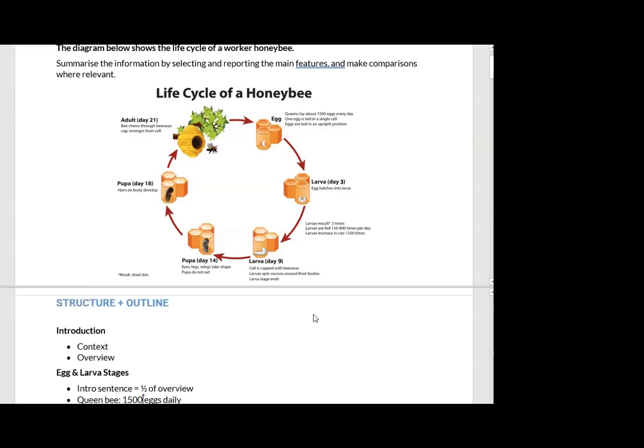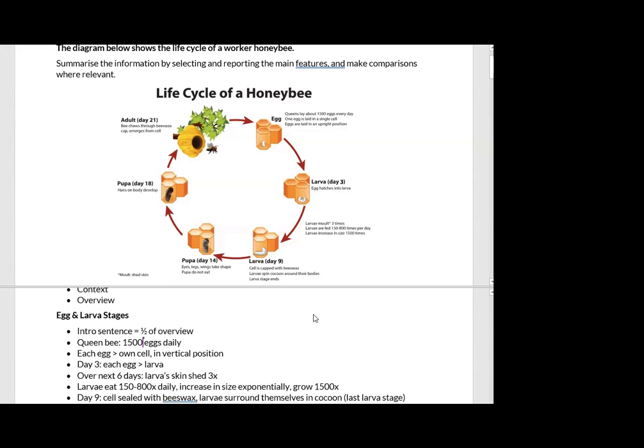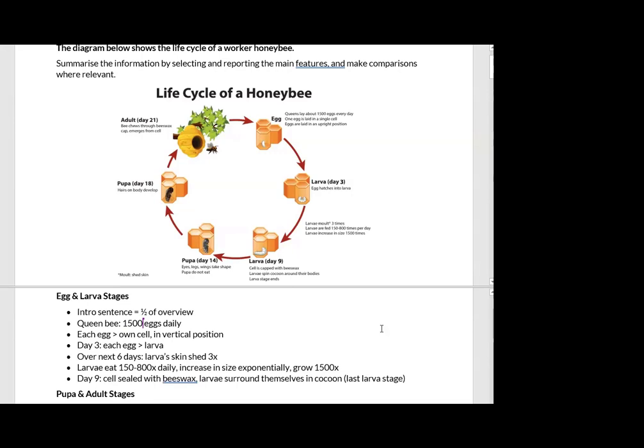So all the steps that we talked about, I've summarized them here. One thing I also want to remind you of, just for better cohesion, for better organization, to make it more reader friendly, I'm a big fan of having general introductory sentences for body paragraphs. The paragraph intro sentence is basically half of your general overview.